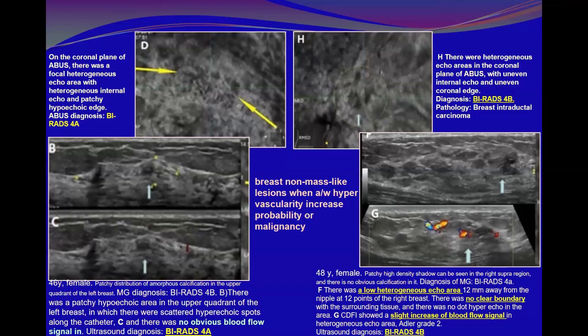Here we have an example from the literature. This case had calcification on mammography and was reported as BI-RADS 4B, borderline, slightly suspicious. Ultrasound demonstrates patchy areas of a non-mass-like, hypoechoic focal lesion.